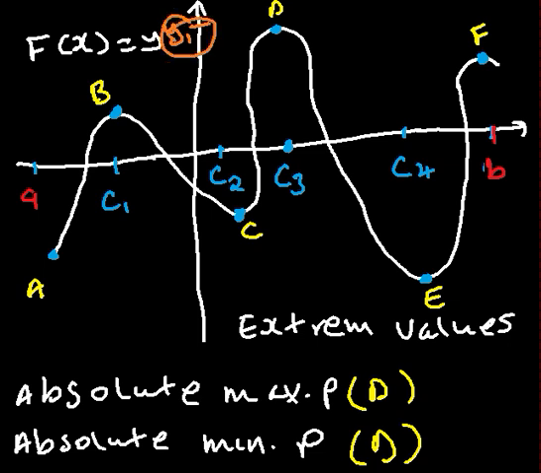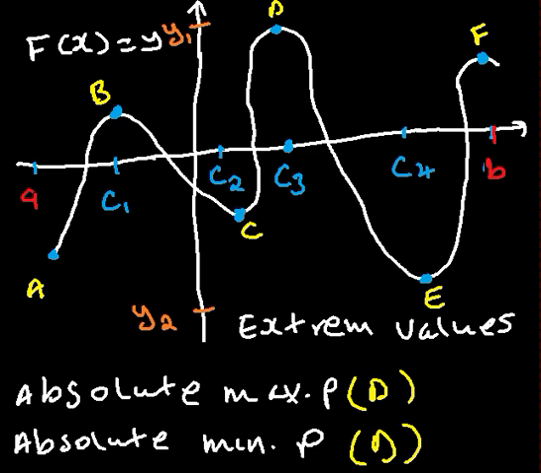That is the largest value overall. And the y value corresponding to the absolute minimum point is known as the absolute minimum value. Let's say it's given as y2.